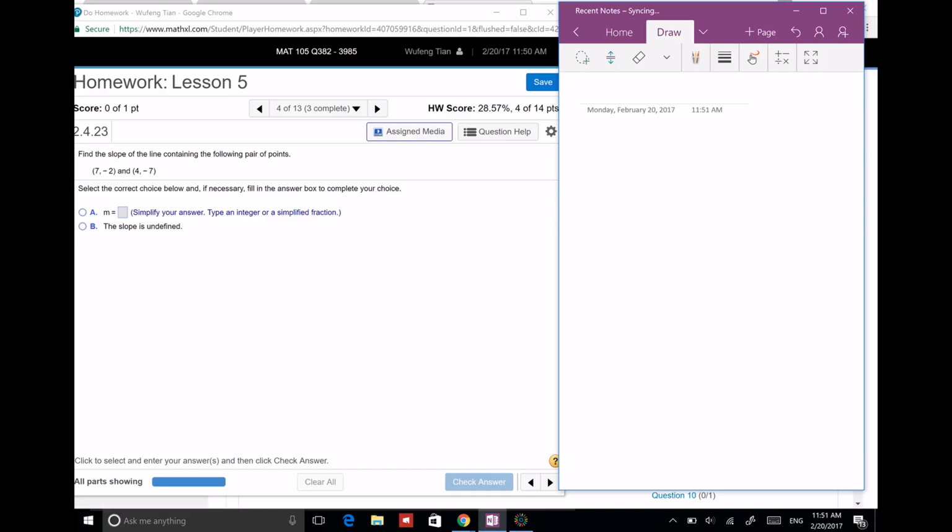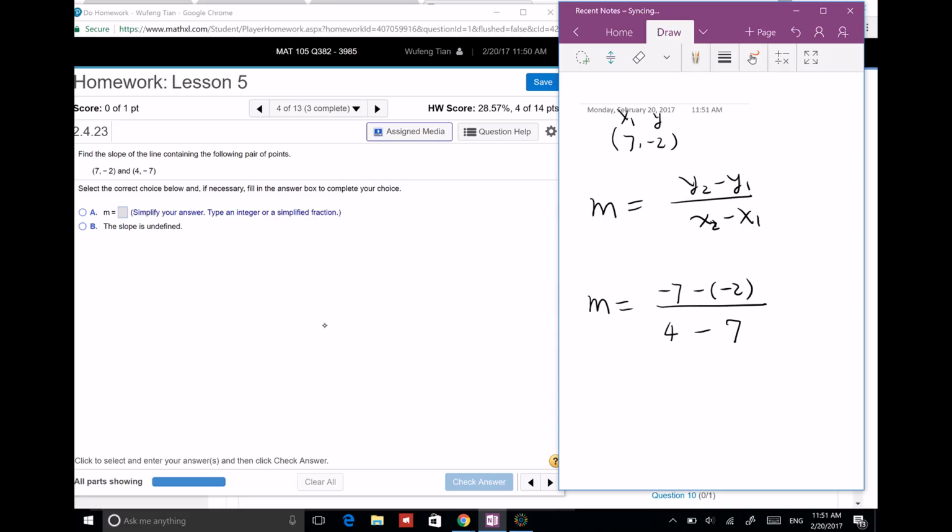The next one, find the slope of the 2 points. The formula is m equals y2 minus y1 over x2 minus x1. That's the slope formula. So if we plug these points into the formula: 7, negative 2, this is the x1, this is the y1, and 4, negative 7, this is the x2, this is the y2.